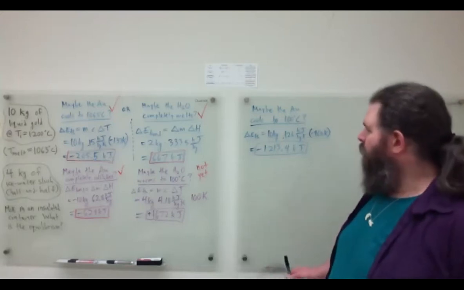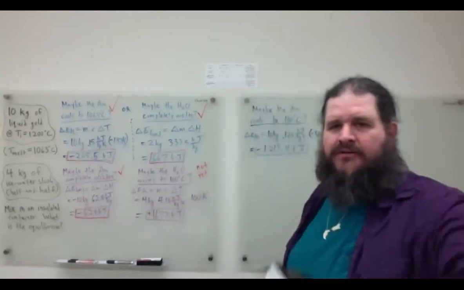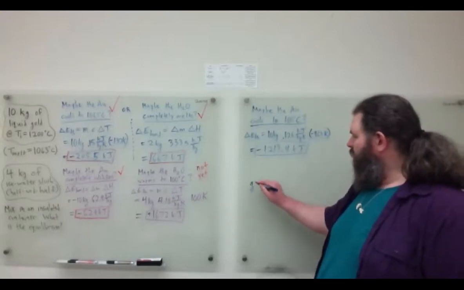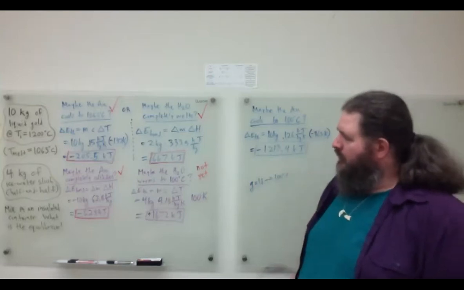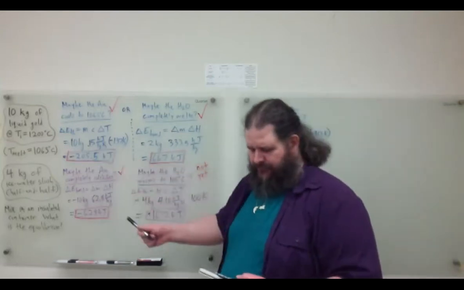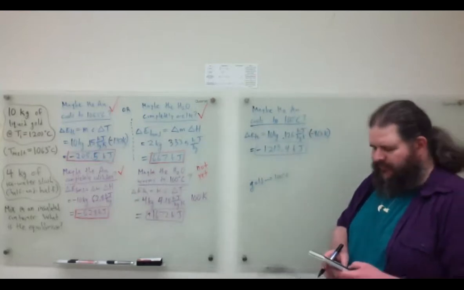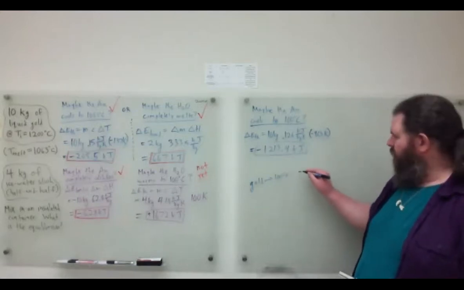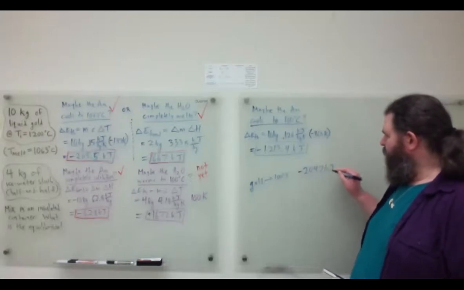It's less. So it looks like, and of course, really, we should be combining all of these. All the energy lost by the gold. So to get to 100 degrees, we'd have to lose 205 and 628 and 1213.4. So that would cost negative 2,047 kilojoules.